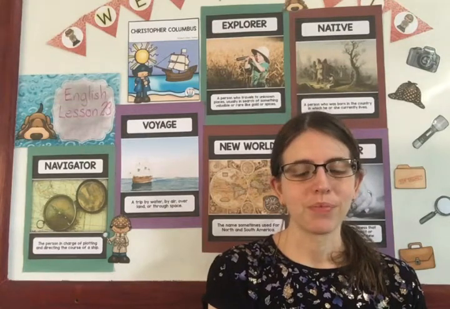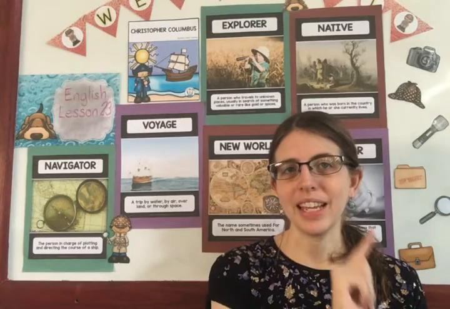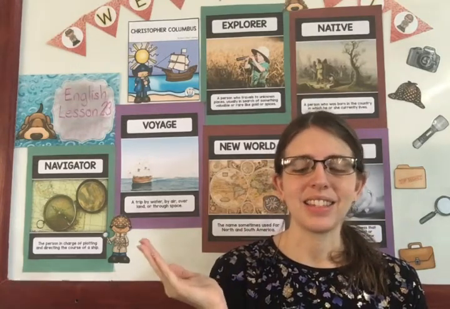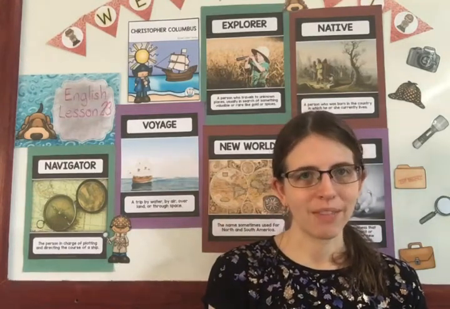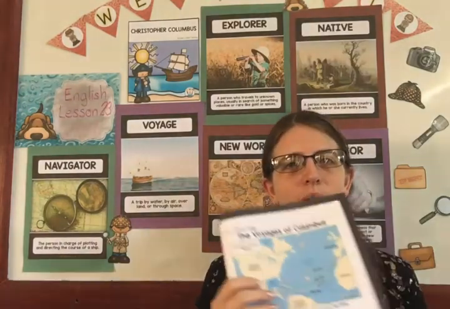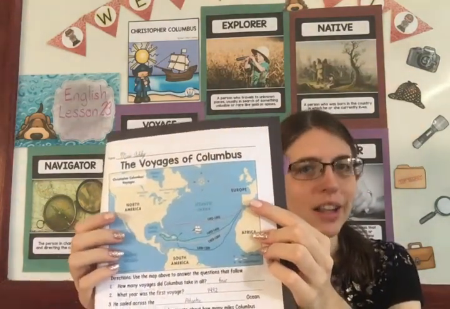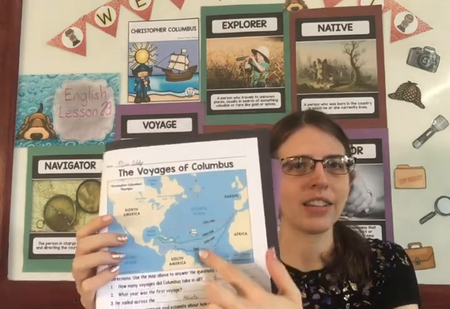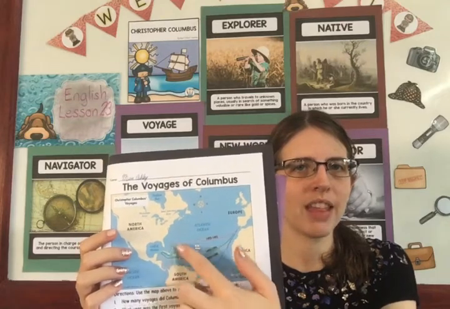For example, Columbus always traveled from the same place, from Spain, and he always landed in the same area around Central and South America. Do you see that? So he always starts out there in Spain because they're the ones who were sponsoring him, paying for him to go. And then no matter exactly how high or how low, he always ends up right in this area.